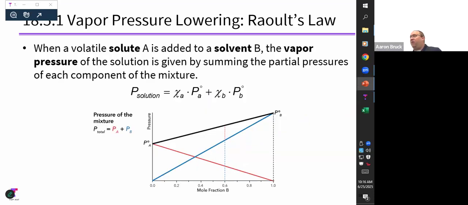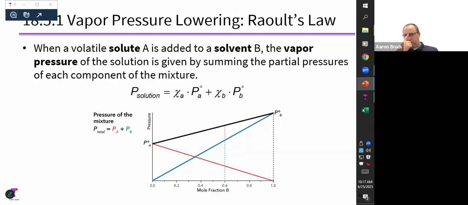Now, when we add volatile solutes to each other, it does get a little bit more complicated. The vapor pressure of the solution is the sum of the individual changes in the vapor pressure for the components.